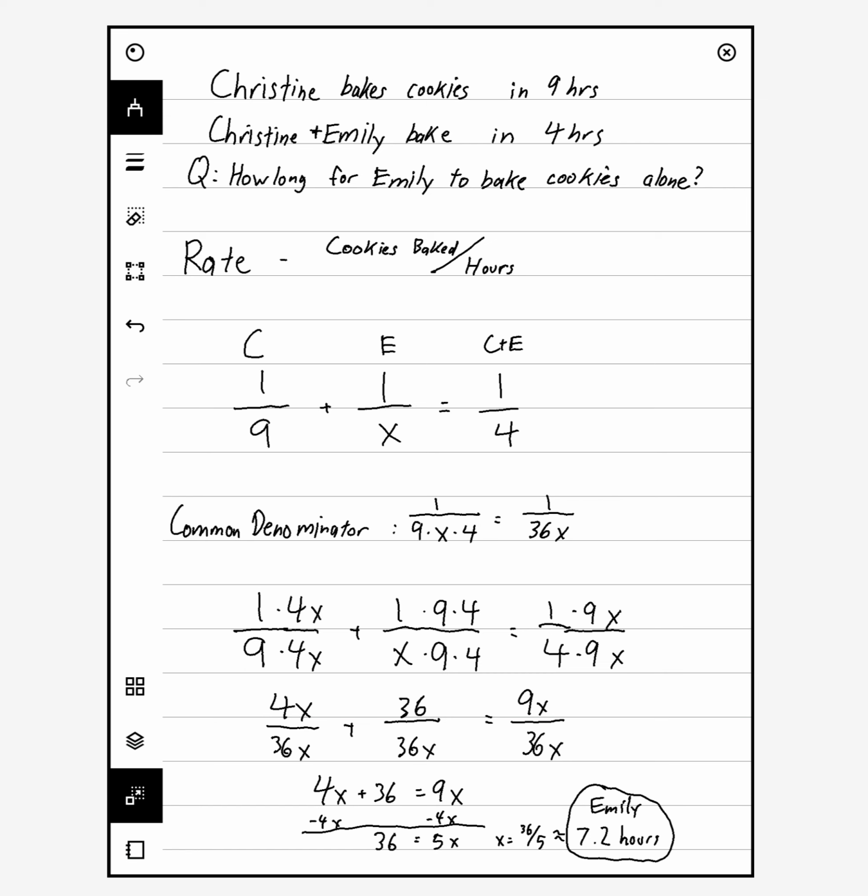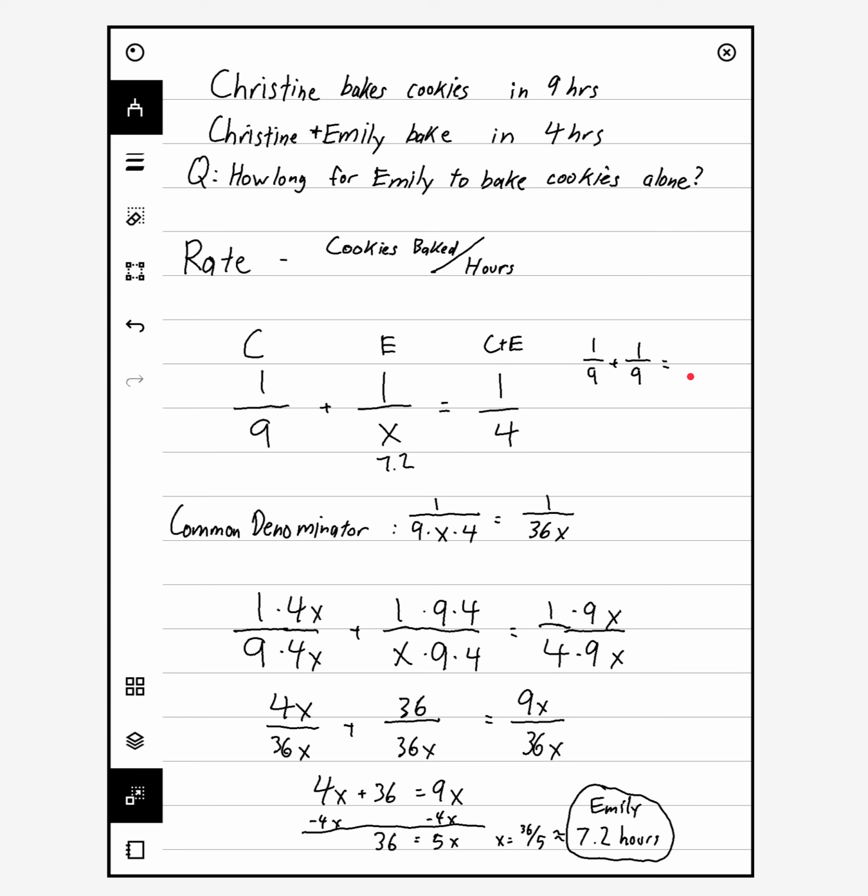Okay, so let's just double check to see if this makes sense. If it takes Christine 9 hours to bake it, and her friend takes a certain amount of time, and when they both help, it's going to take 1/4. Emily takes 7.2, right? Which is faster than 9. So if they were to take the same amount of time, it would be 1/9 plus 1/9. Then let's just see if that is going to be faster than 1/4.